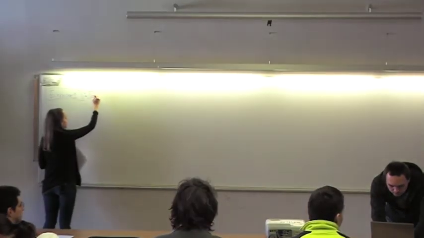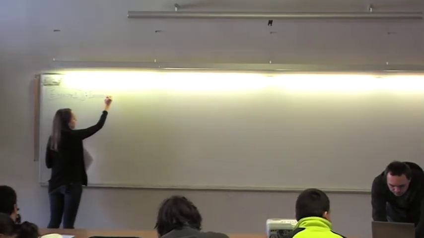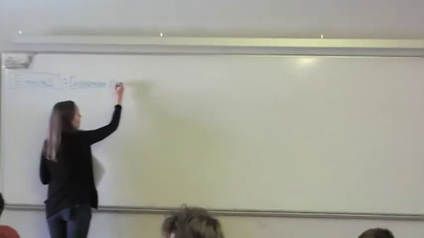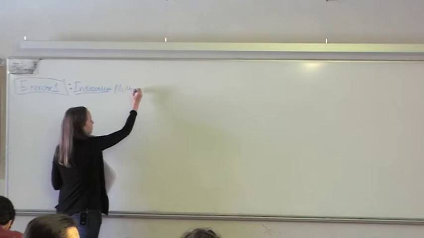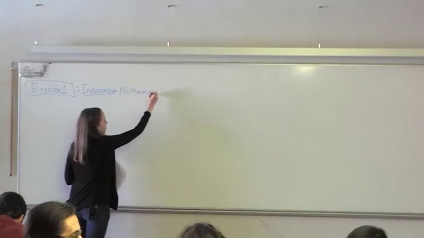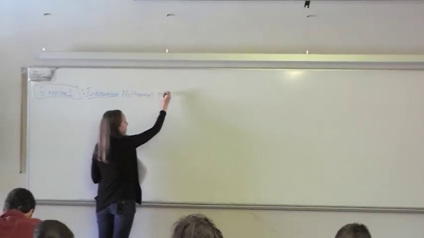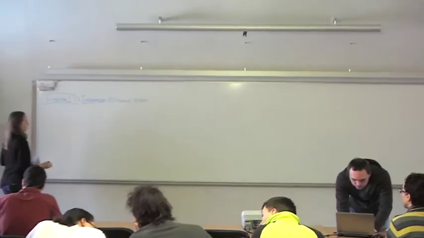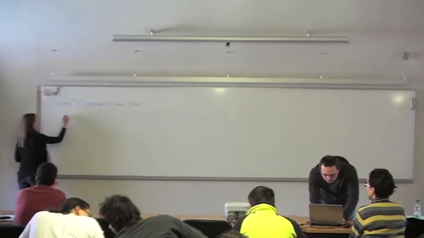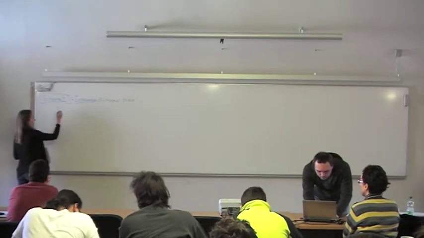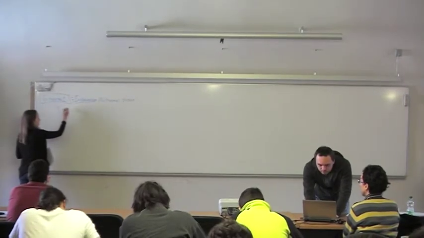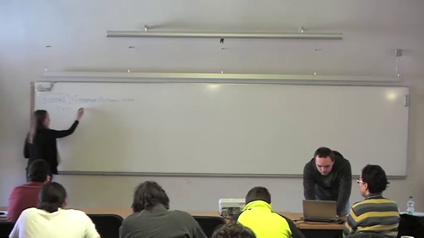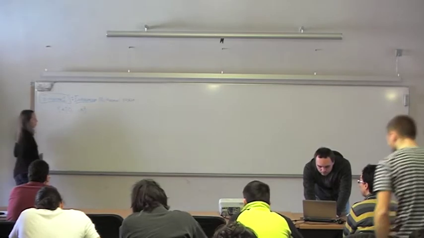So this is known as the independent multinomial probit. In this case, yi, our output, takes values in 0 to k.